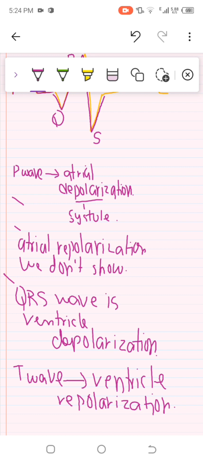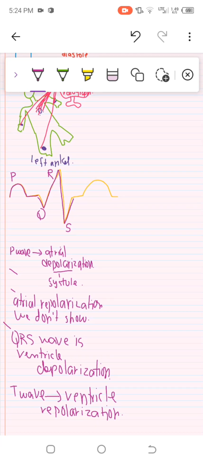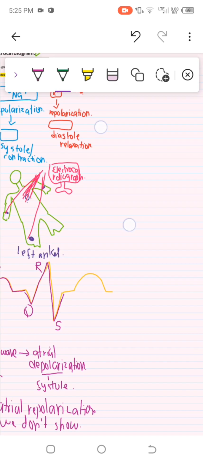Fine. So after that it is clear to you guys. Now here we're going to discuss where is atrial repolarization and why it is not shown. Let me tell you again.